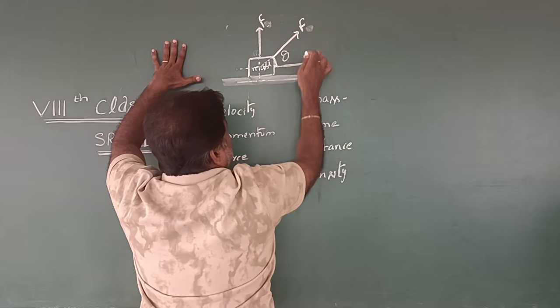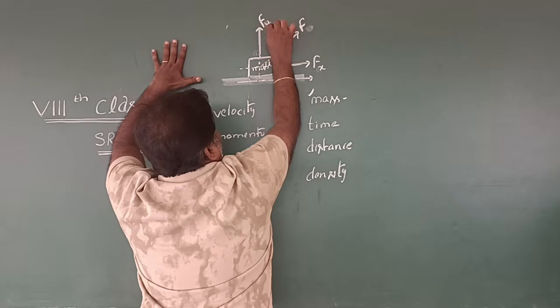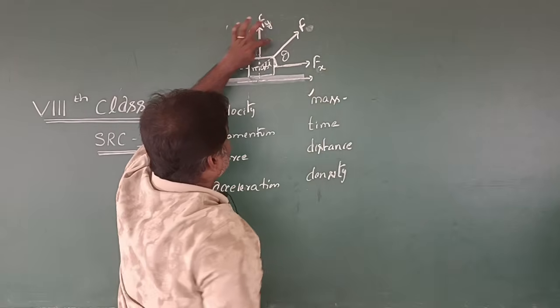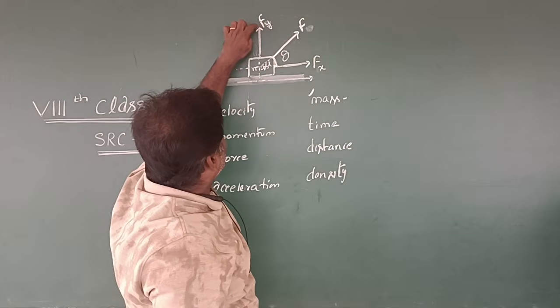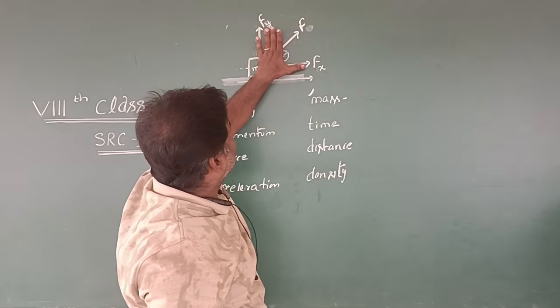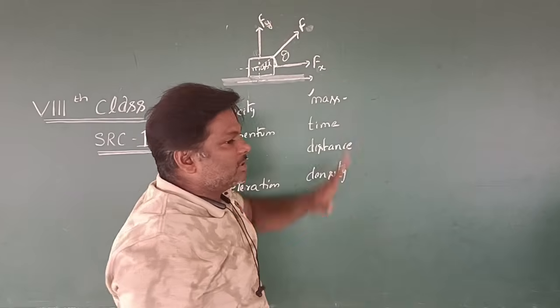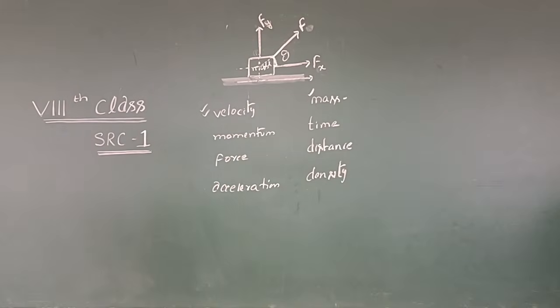Look, this force is resolved into components Fx and Fy. Fx is a force which is resolved from F, and Fy is a force which is resolved from F. Since force is a vector physical quantity, it is resolved into components.